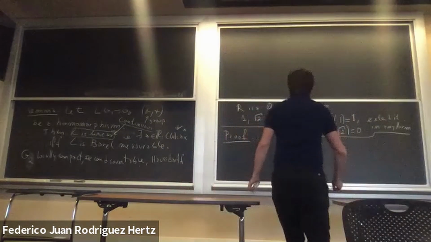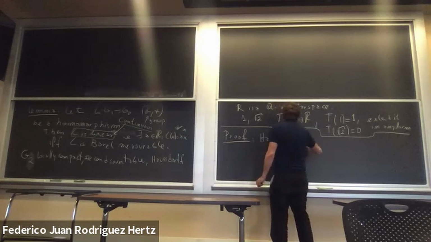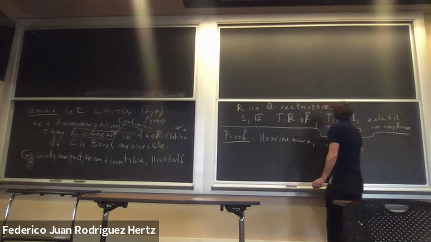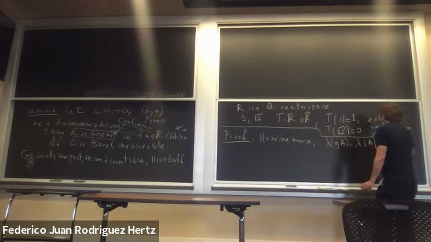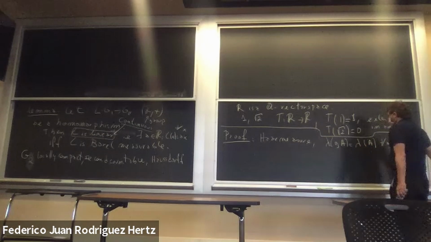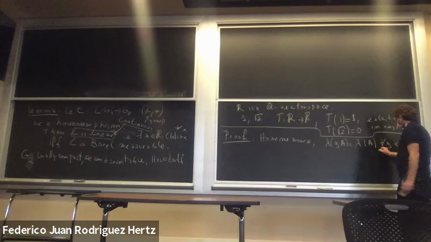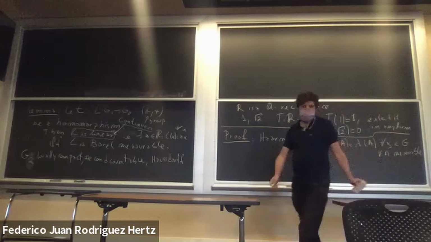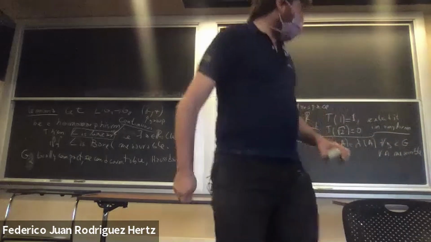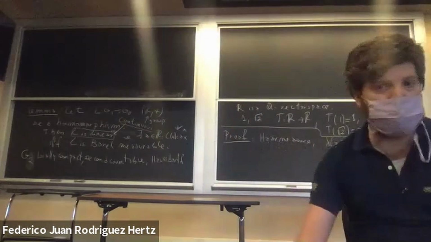A Haar measure is lambda(gA) = lambda(A) for every g, it is left invariant, for every A. In our case of the reals, which is what we really focus on, it is just dt, the length measure.